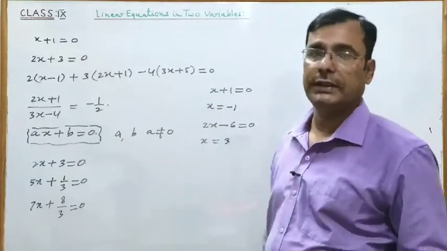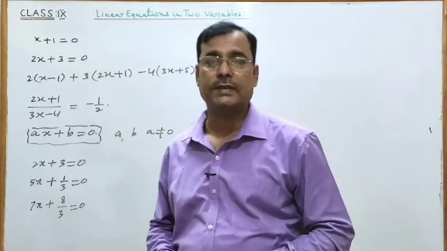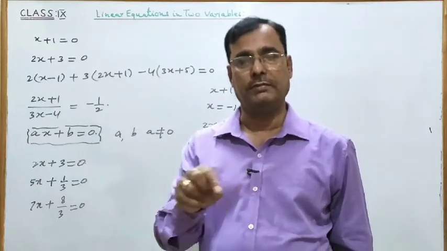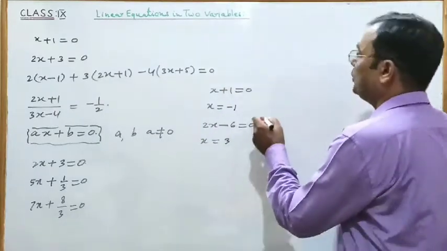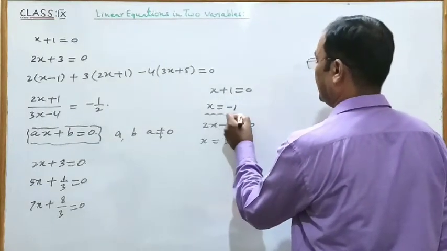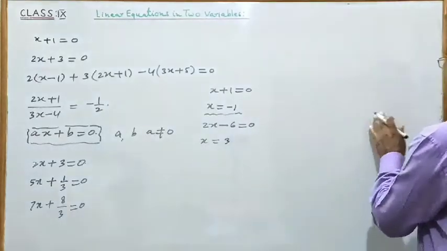You also studied about representation of solution of a linear equation in one variable on the number line. If you represent this solution x = -1 on the number line, it goes like this.